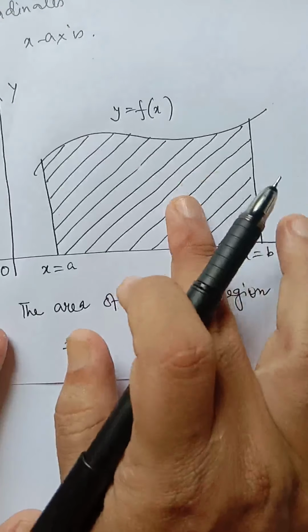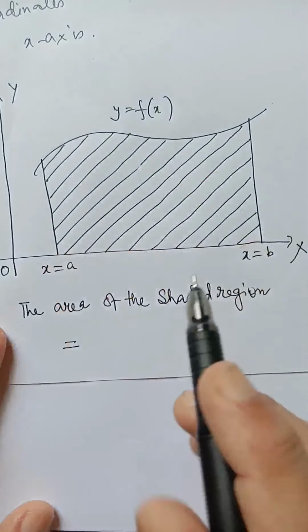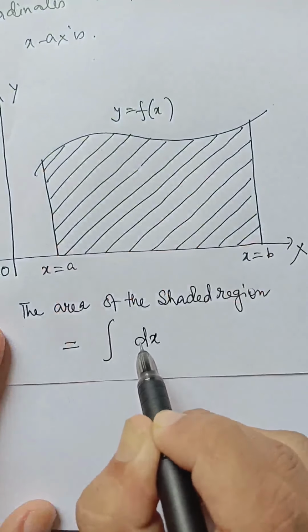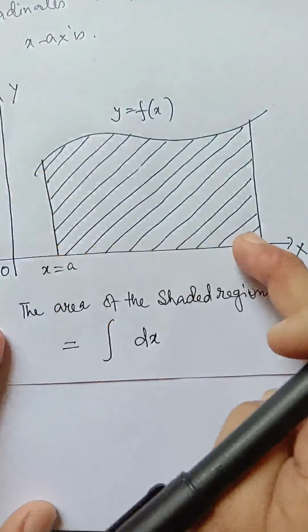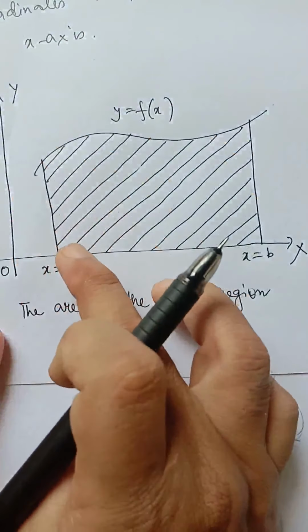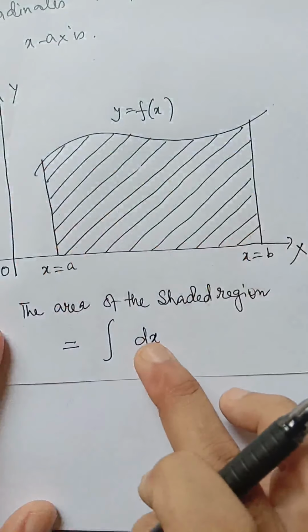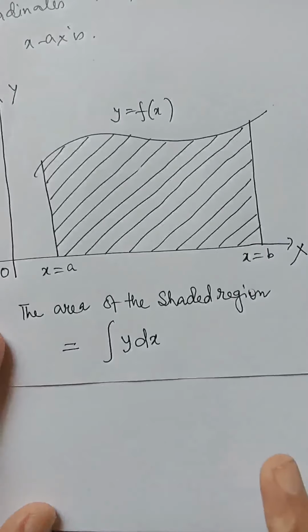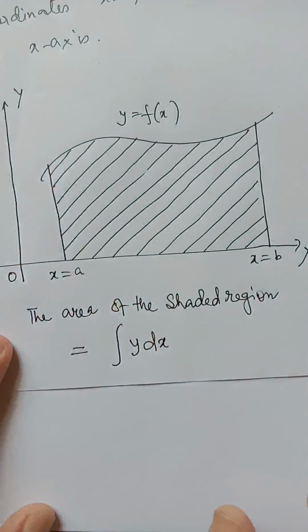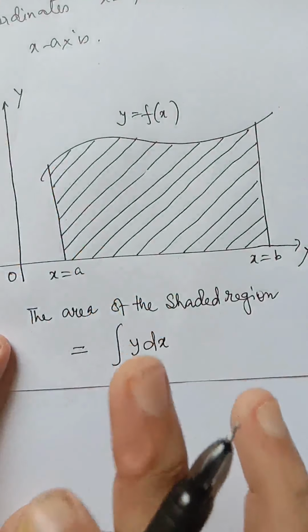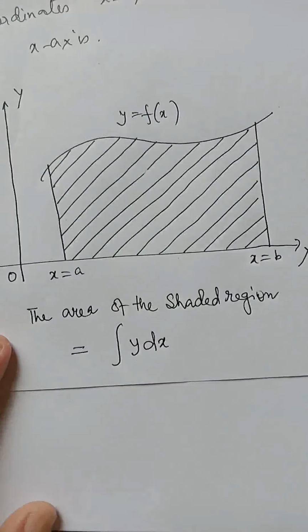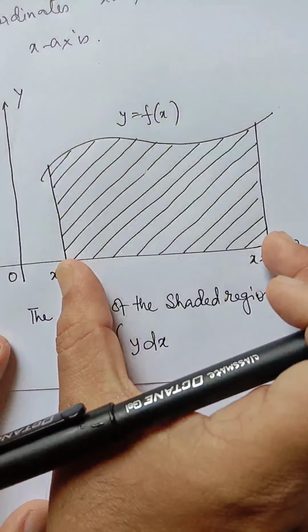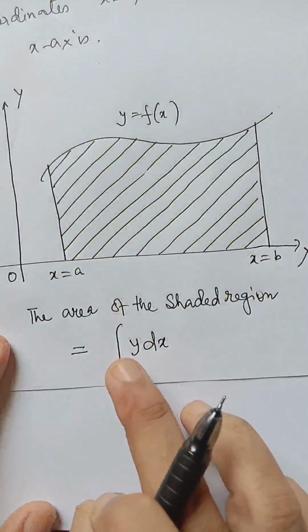For this region, one of the boundaries is the x-axis, so we will write integration of dx, and with dx, I will write y. That means if the y-axis is one of the boundaries, we will write dy and multiply with x dy.